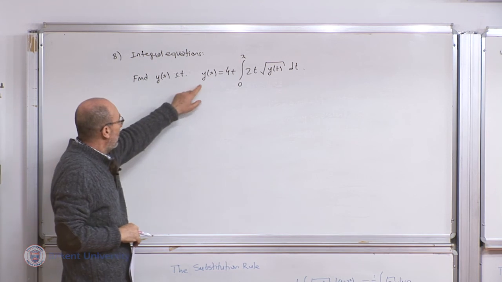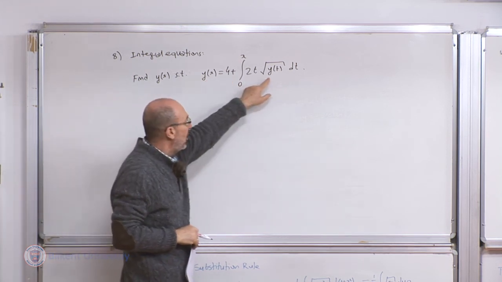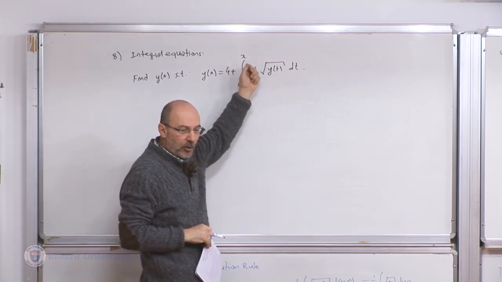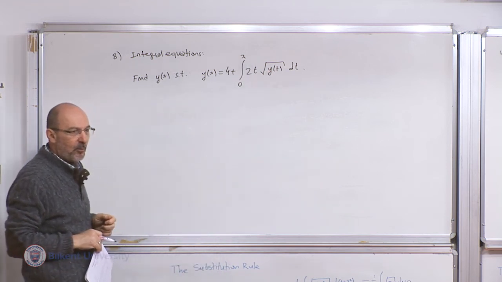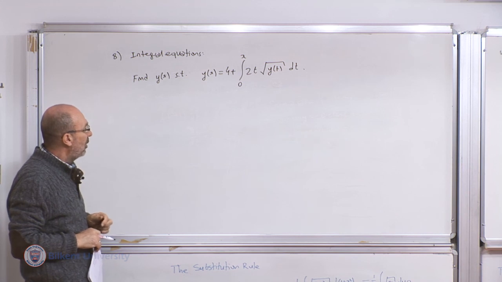Even though y of x is already given, it is related to itself through an integral. So we still don't have an explicit equation for y.